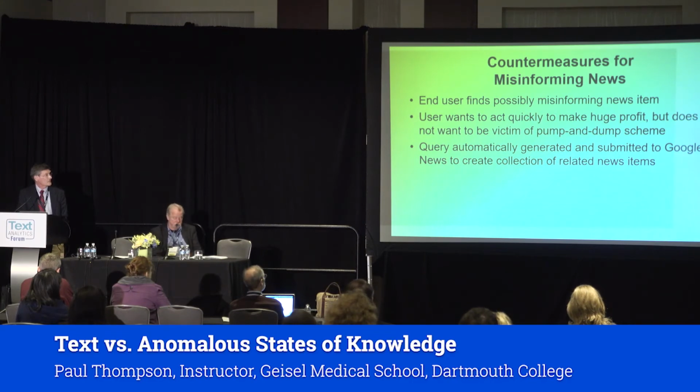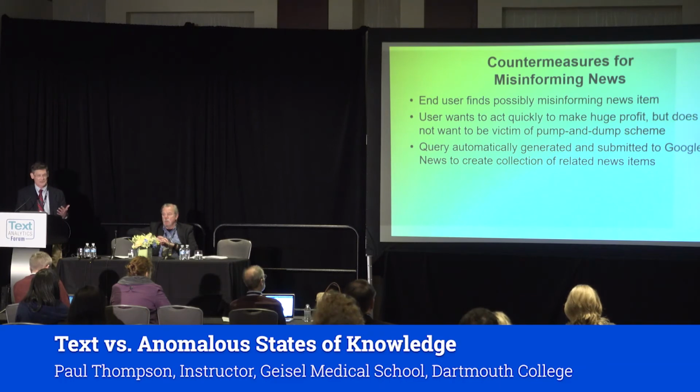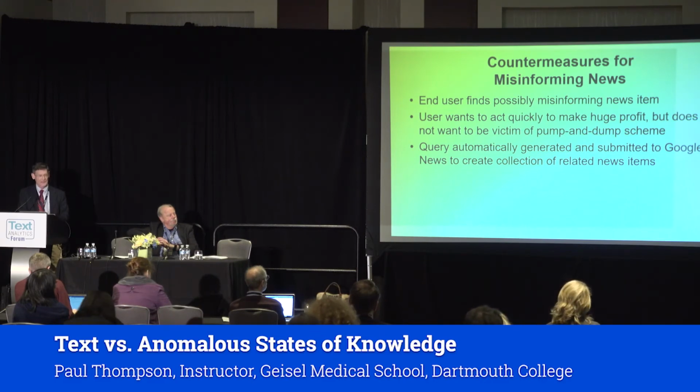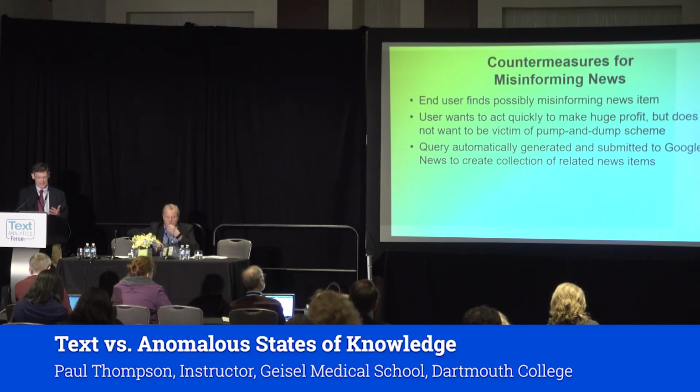Now, in our earlier work, we were just developing countermeasures to try to detect this misinformation or disinformation. We came across a set of data that had been originally developed at the University of Massachusetts Amherst. There was a project called Anomalous, with more details on a slide coming up, but it's basically financial news where they had the ticker symbol and also the actual stock prices during the same time period.